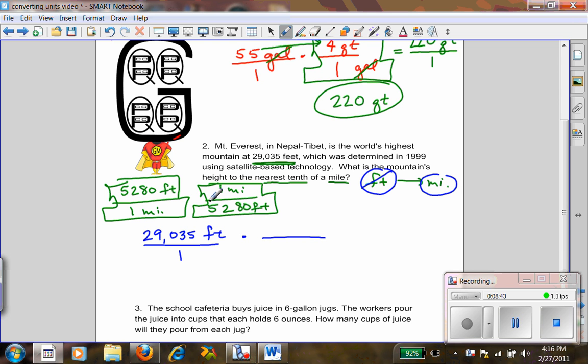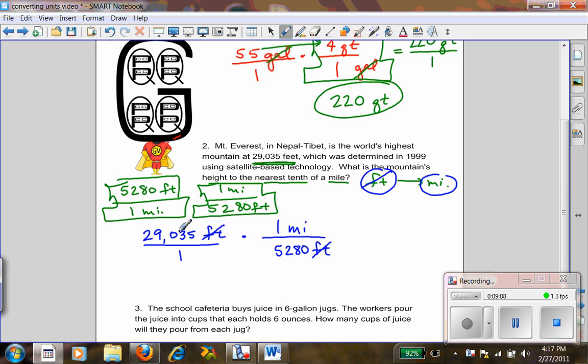That means I should use the second one. I should say 1 mile is the same as 5,280 feet. Okay, now that's it. We're going to get miles, which is what we want. Feet will cross out. So let's go ahead, cross out, we'll simplify. Feet crosses out feet because one's in the numerator, one's in the denominator.